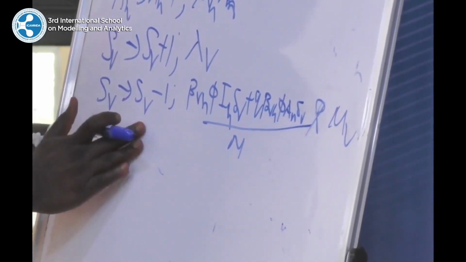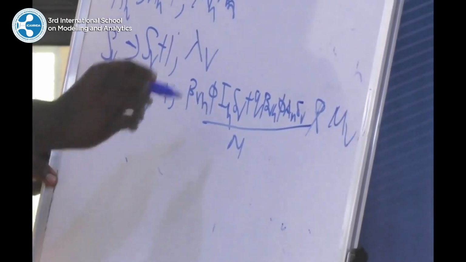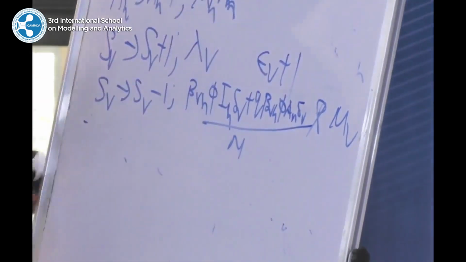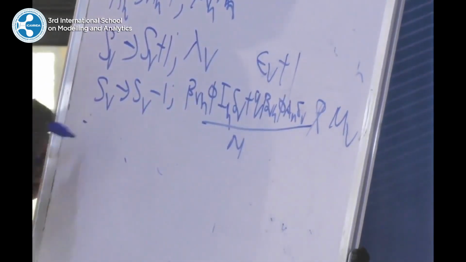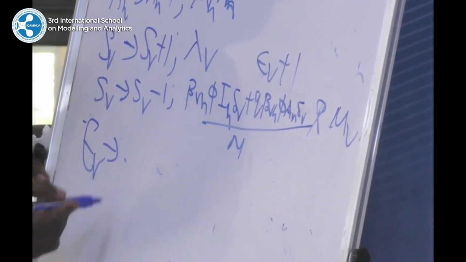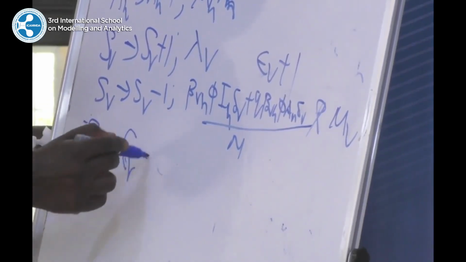Okay, this one will be also EV plus 1, right? EV plus 1. So we only have EV, then EV minus 1.